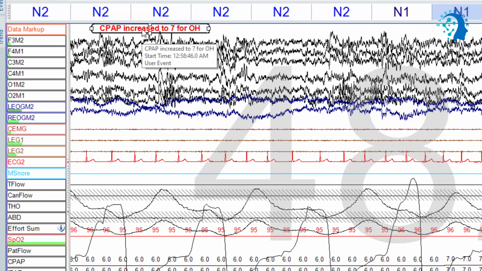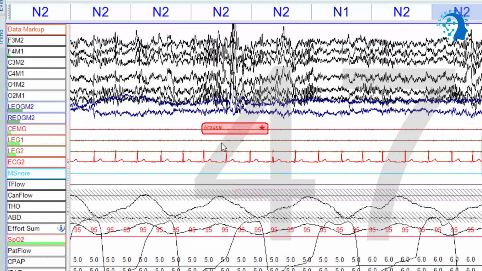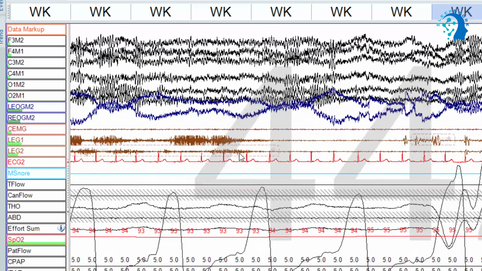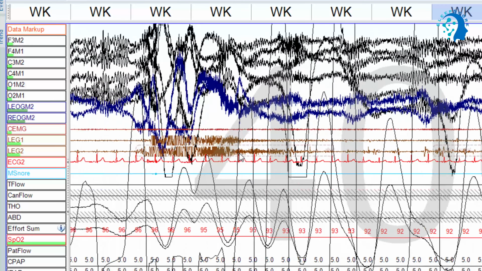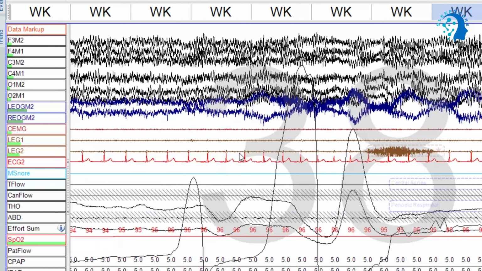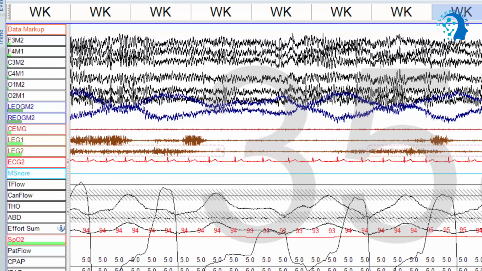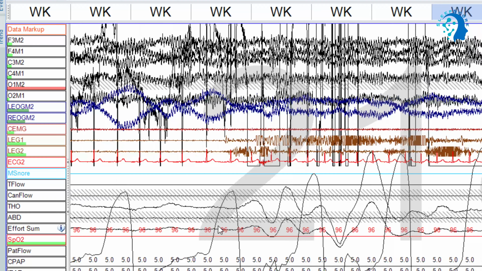You see here, CPAP increased to 7 for OH. The technician is supposed to document everything here. Let's check. O1 was bad. Oh man. Okay, O1 was bad here.